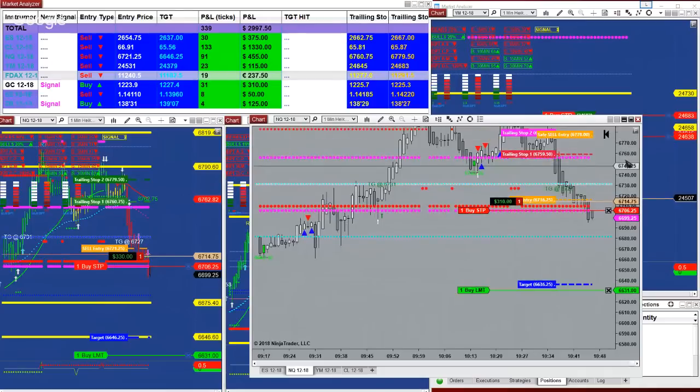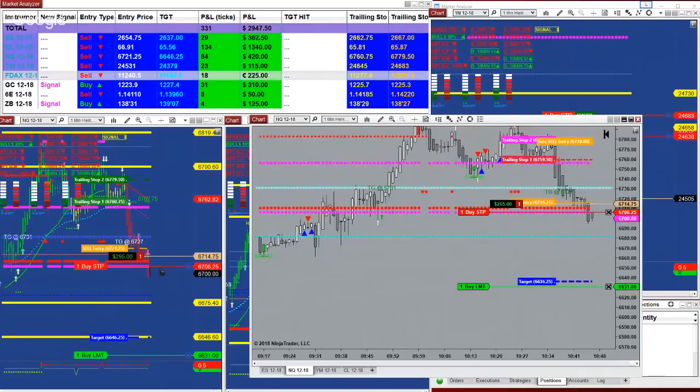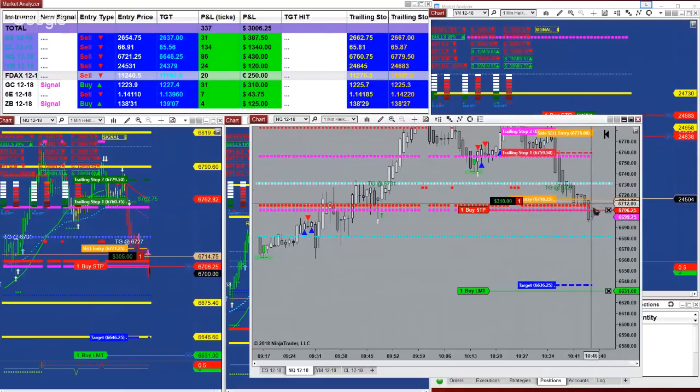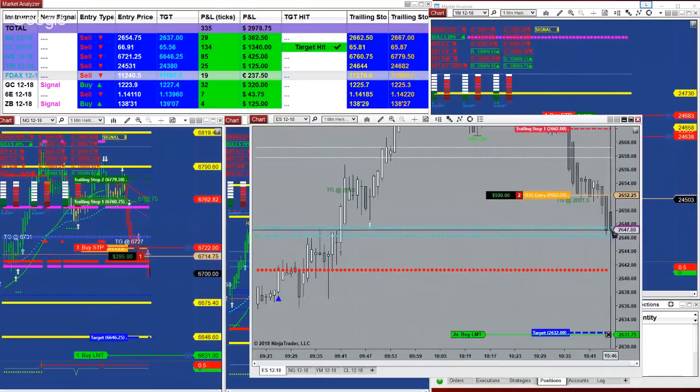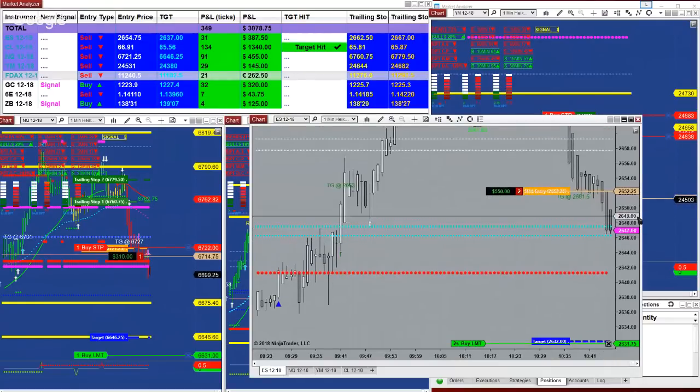Nasdaq. A pullback on the Nasdaq. Because this ES right there, let's see what will happen if we can cross this ES, those two double support, then we are going straight.